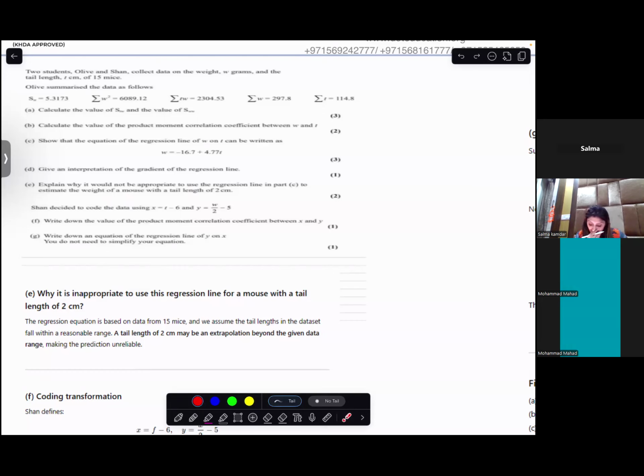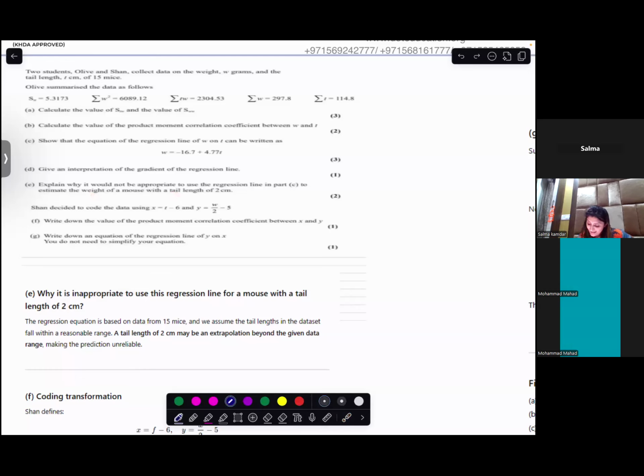Can you explain the question, please? So we should explain why it is not appropriate to use the regression line to estimate the weight of a mouse with a tail length of 2 centimeter.